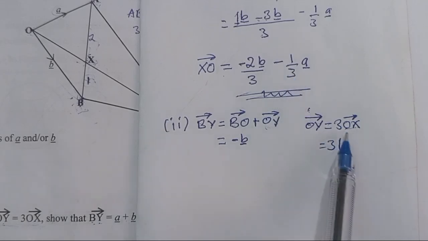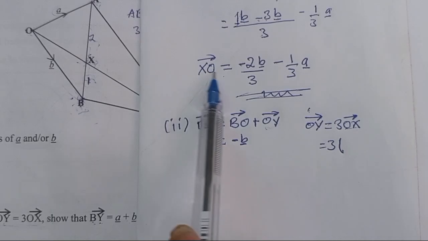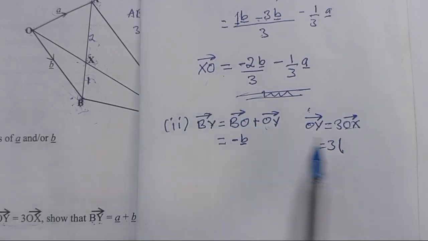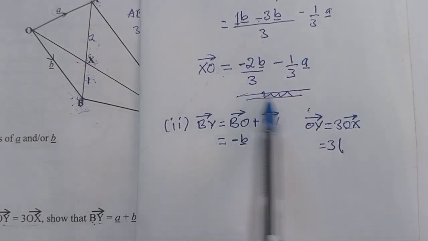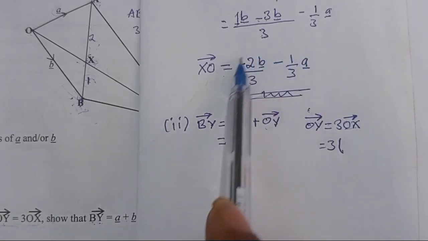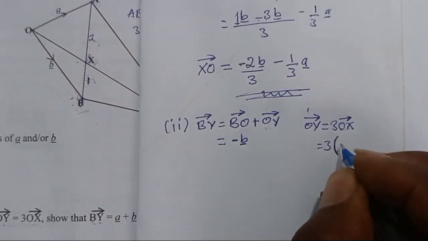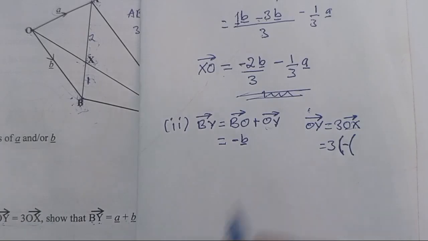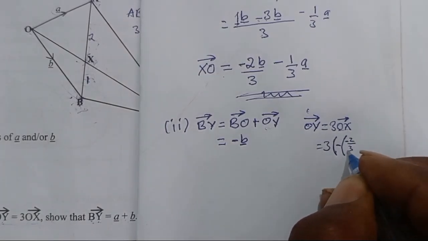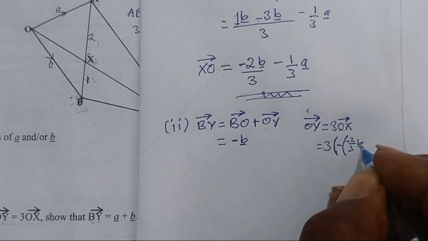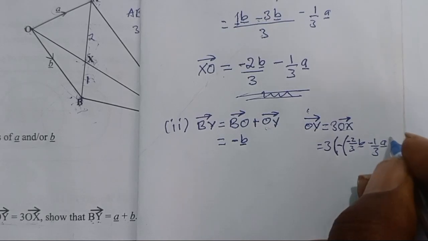But remember, here is OX and this is XO. That simply means that for me to have OX, I'll just put a negative on XO. So it is going to be negative XO, which is negative 2/3 scalar b minus 1/3 scalar a.